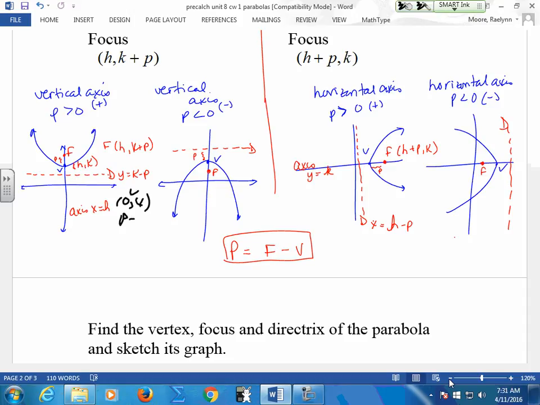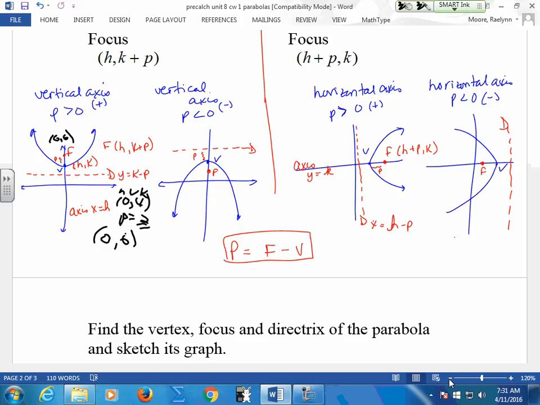If my P is positive 2, instead of memorizing my formula and saying this is H, K, taking H, which would be my 0, and K, which would be my 4, plus 2 to give me 6, it's so much easier just to look at this and say, I have to go up 2. So when I move up 2, my K is changing: 0, 6. See it? So rather than do the formulas, it's easier just to get a feel for your parabola.